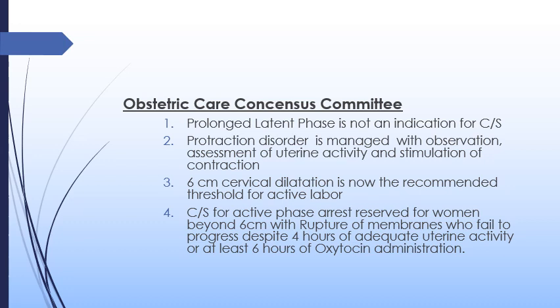Cesarean section for active phase arrest is reserved for women beyond 6 cm with ruptured membranes who fail to progress despite 4 hours of adequate uterine activity or at least 6 hours of oxytocin administration.